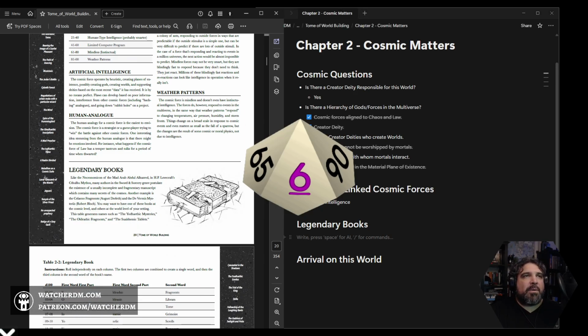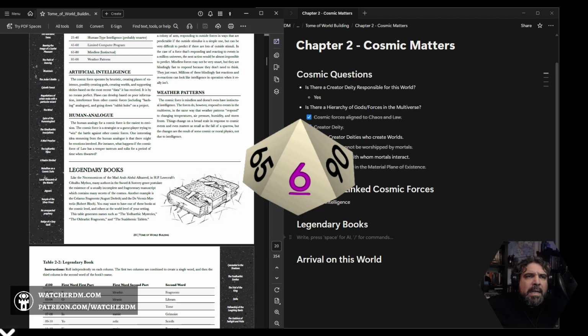All right, let's do our legendary books. Like the Necronomicon of the Mad Arab Abdul Alhazred in H.P. Lovecraft's Cthulhu mythos, many authors in the sword and sorcery genre postulate the existence of a truly incomplete and fragmentary manuscript which contains many secrets of the cosmos.